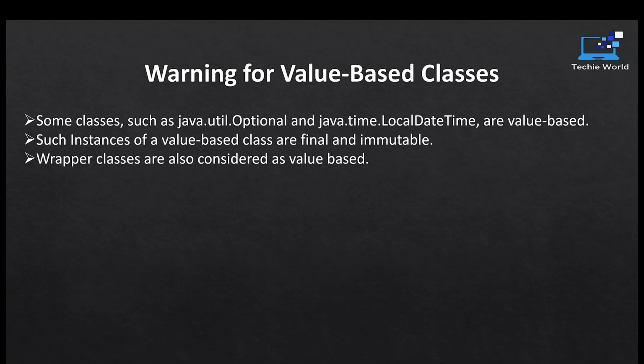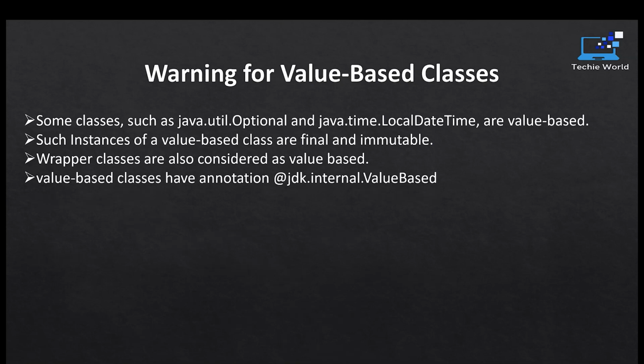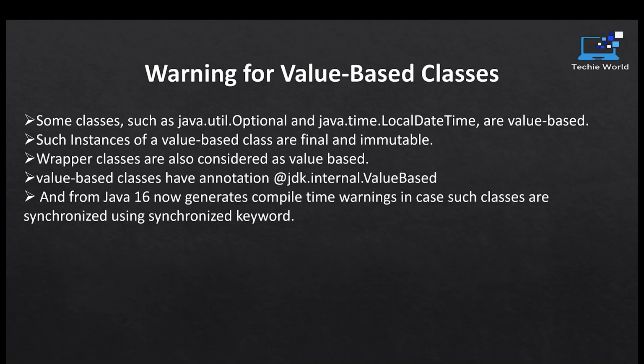I already discussed this point in the beginning itself. It's just the theoretical part of what you need to say when someone asks you this in an interview. The fourth point is that value-based classes have the annotation @jdk.internal.ValueBased, which we already discussed. The last point is that from Java 16 it now generates a compile time warning in cases where such classes are synchronized using the synchronized keyword.